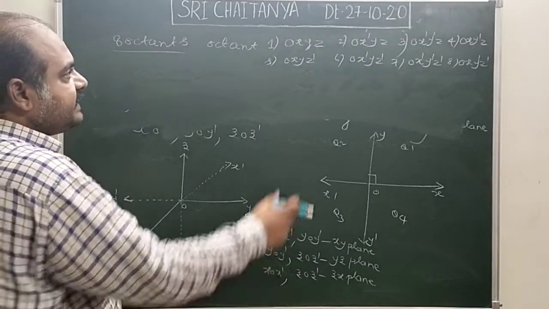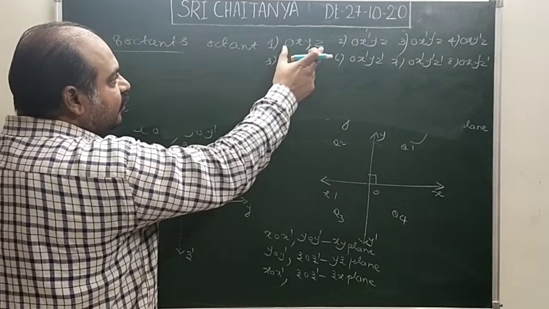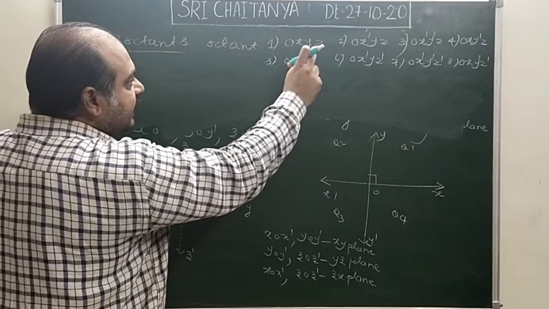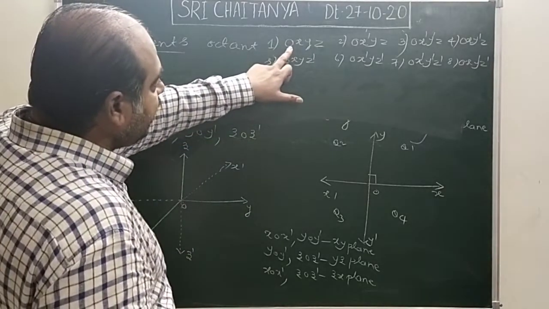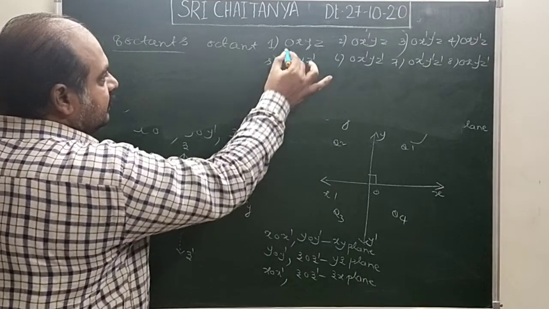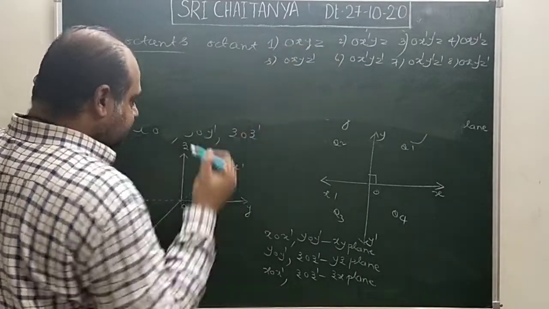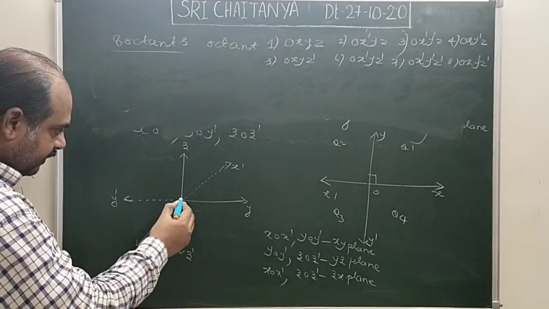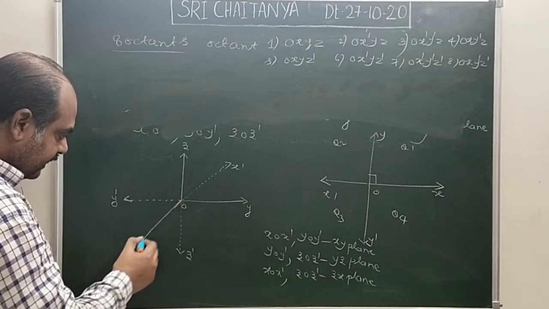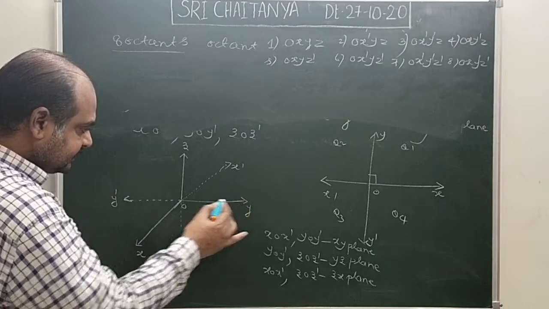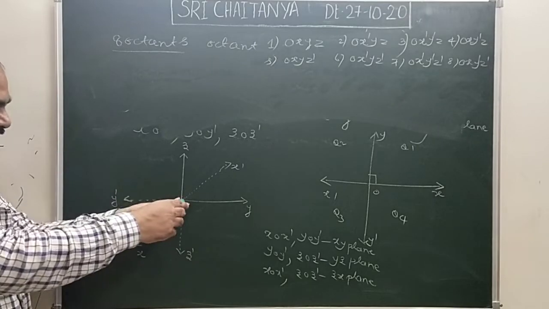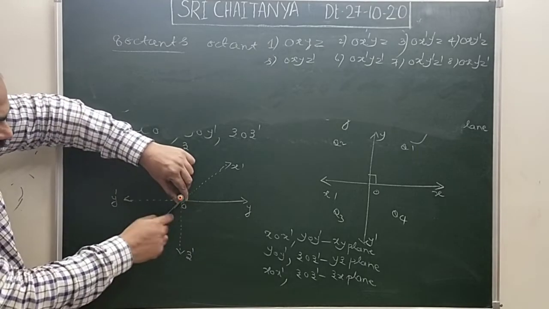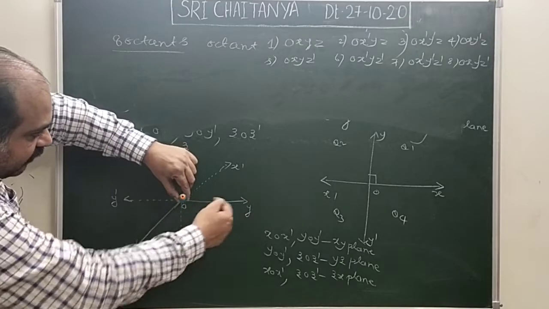That means what is octant means Ox, Oy, Oz. This octant will have 3 boundaries. Ox, Oy, Oz. Look at, Ox is this. Oy is this. And Oz is this. That means this octant will have boundaries Ox, Oy, Oz.